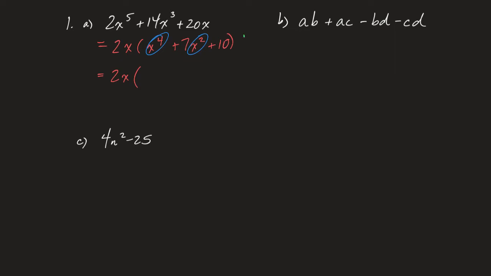I'm looking for 2 numbers that multiply to give 10 and add to give 7. That would be 5 and 2. I just know that my leading term has to be x squareds now, so that they would multiply to give me my x to the 4th, and so that their middle term would be x squareds. There we go.